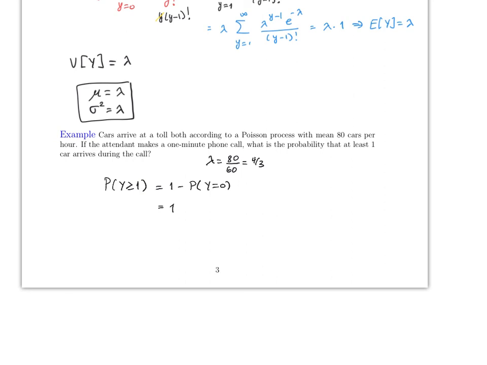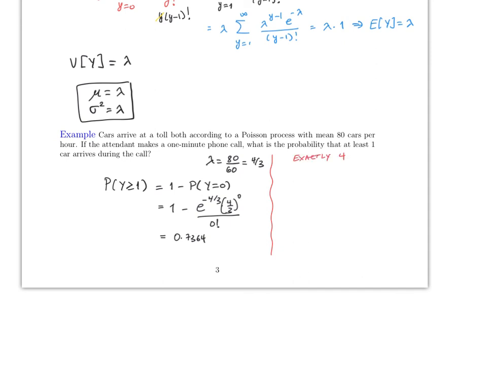So in our case, it will be 1 minus e to the minus 4/3 times lambda, which is 4/3 to the 0 power, everything divided by 0 factorial. And once you do the math, this equals 0.7364.